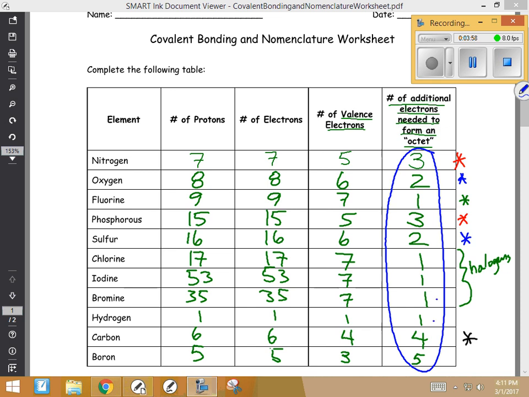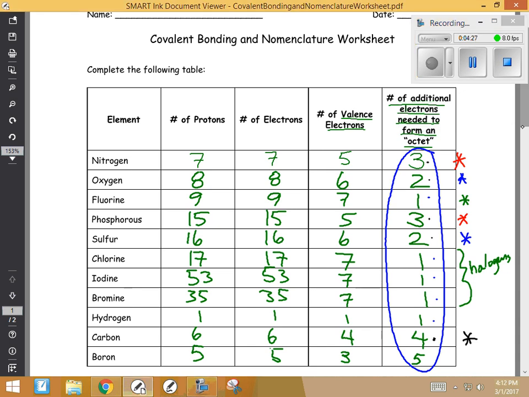Hydrogen, all of the halogens, can only form 1 bond, 1 covalent bond. Carbon is special. It can form 4. Phosphorus and nitrogen can form 3, and oxygen, sulfur like to form 2 bonds. Okay? So just a little bit of background there for you before we move forward.